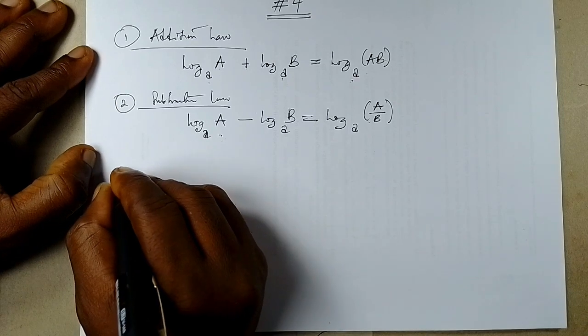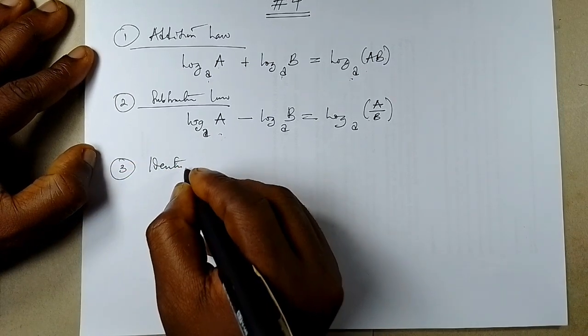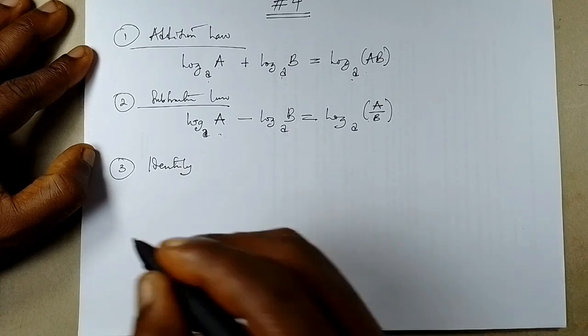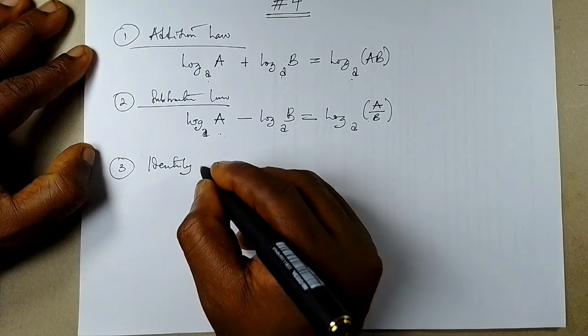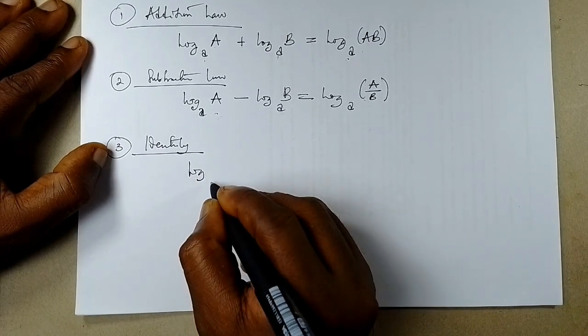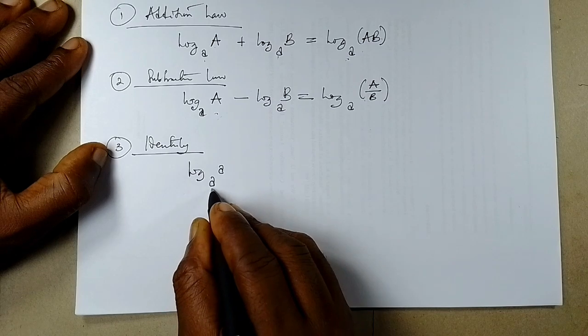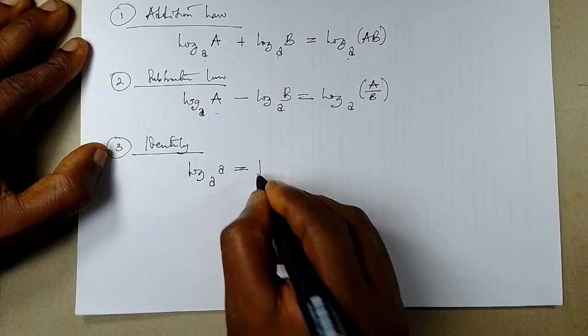Then the next law is the law I would call the law of identity or same base. This law simply says that the logarithm of a number a in that same number as its base will give you 1.